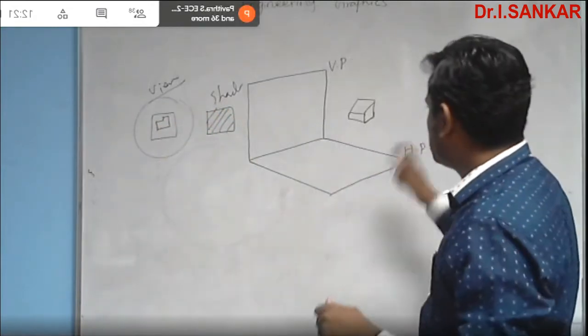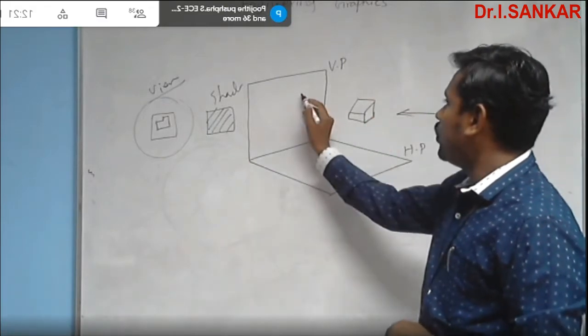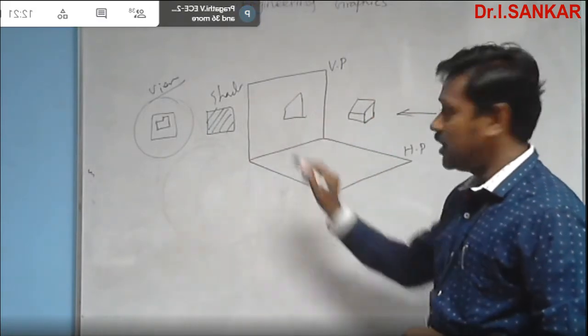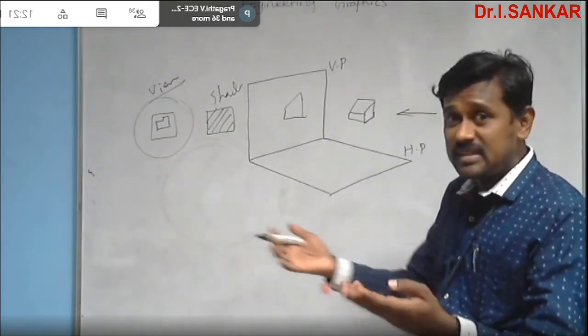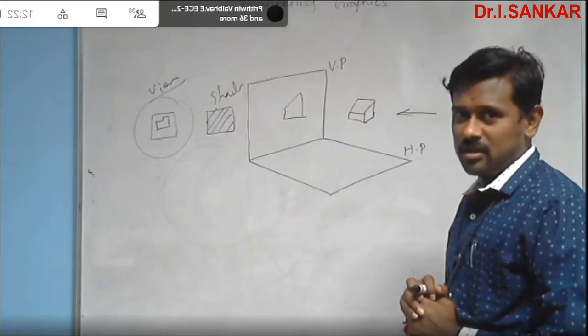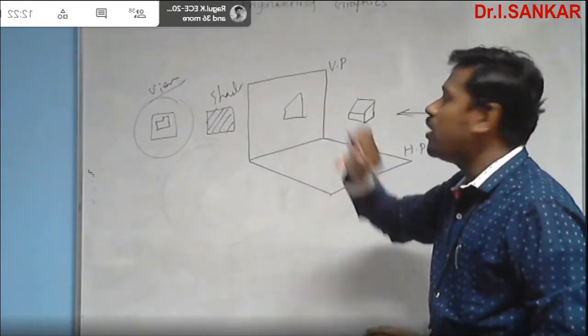When you project a light in front of the object, you will only get the shadow of the object on the wall. It is nature, it is the fact. But in our engineering graphics, we are not going to get the shadow. We are going to get the view of the object.